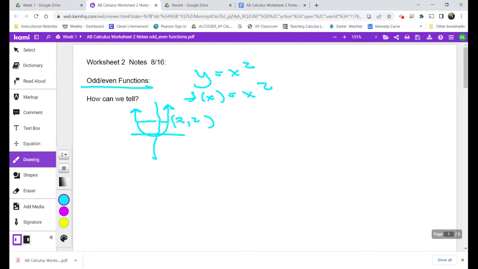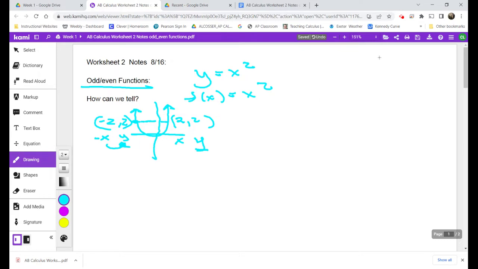That means if I put in -2 on this side, I'm going to get 4 on this side. So when I put a negative x in, I get out y, and when I put a positive x in, I get out y. Notice how the y's are exactly the same. So y1 equals y2. That's the idea of an even function.